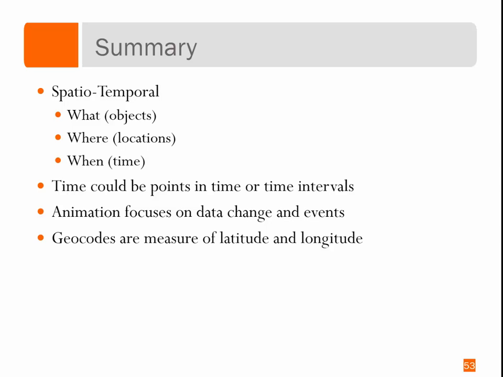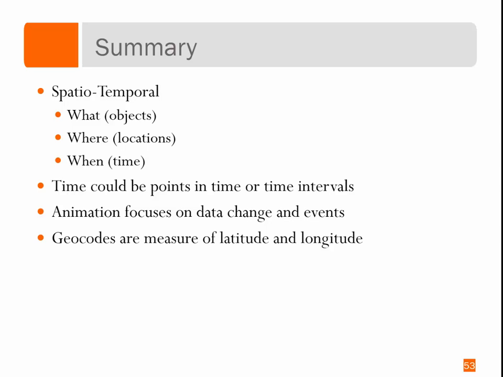Now, time could be points in time or time intervals, so remember that there are many different ways that we can express time. Yes, we can express it as a time and date stamp, but we could also express it as 10-minute intervals that we saw in the previous map, or 24-hour intervals. So lots of different ways we can express time. Remember that animation focuses on the change or trend of the data and events versus a side-by-side comparison.